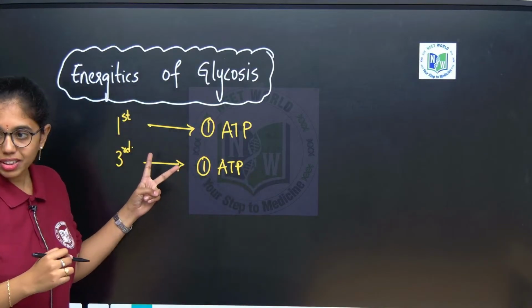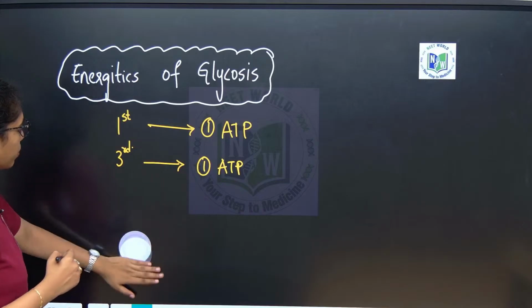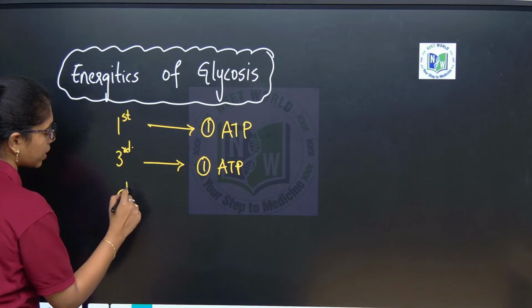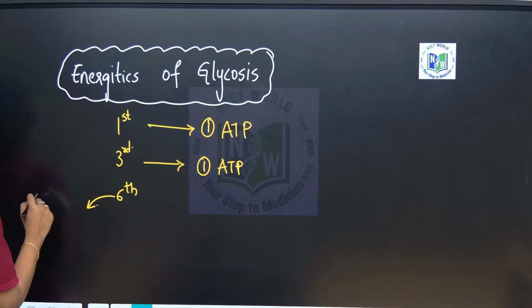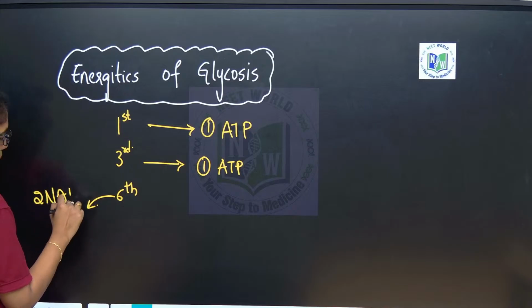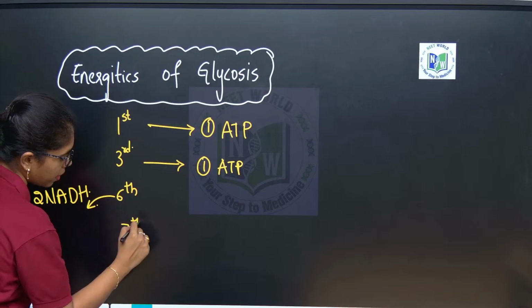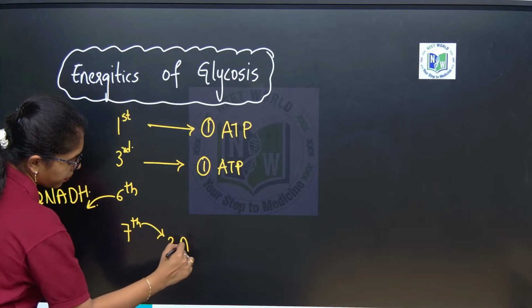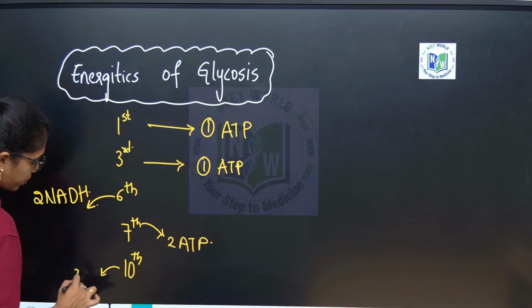So, overall how much ATP is utilized? 2 ATP. Wherever energy is released, you tell me? 6th step first, right? In 6th step how much energy is released? 2 NADH. 7th step 2 ATP. Last 10th step 2 ATP.